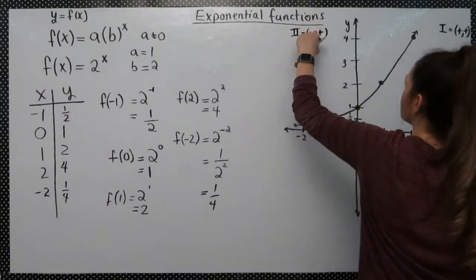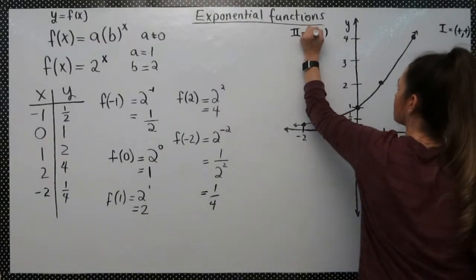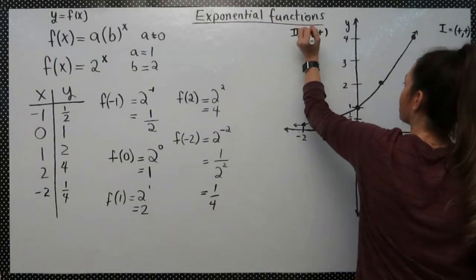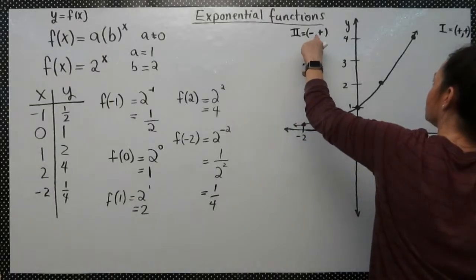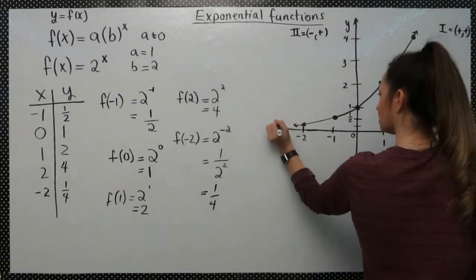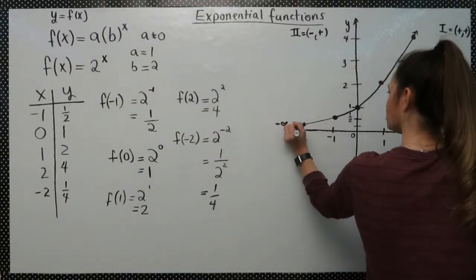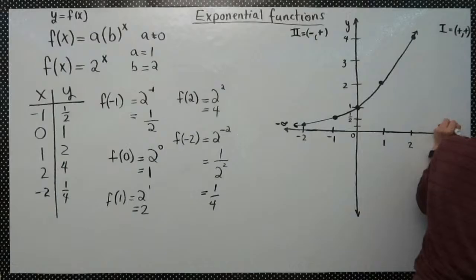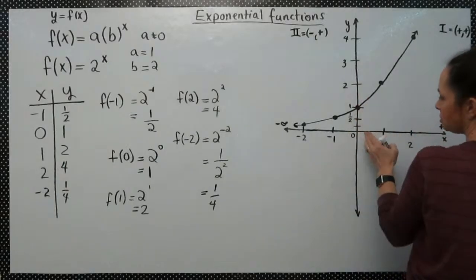So what we're doing is when you're feeding it negatives, you're still getting a positive value. And notice here, toward negative infinity, you're approaching the 0 line, but it's never going to touch 0.